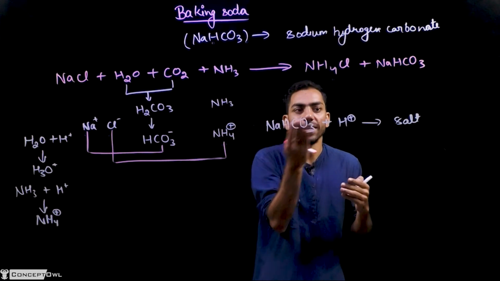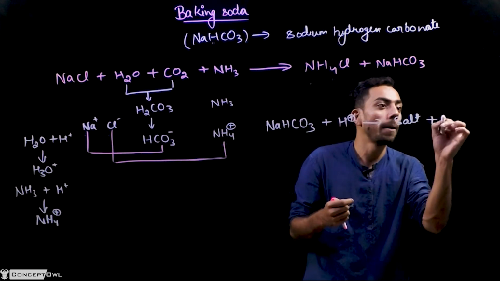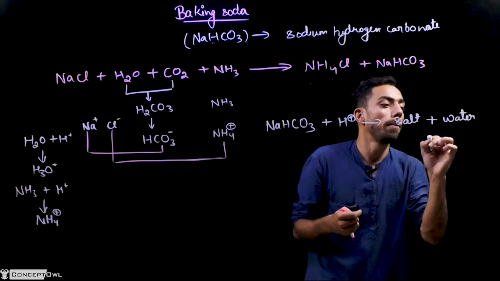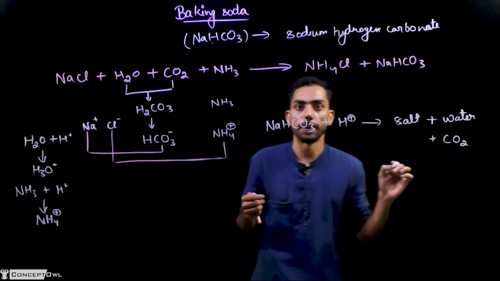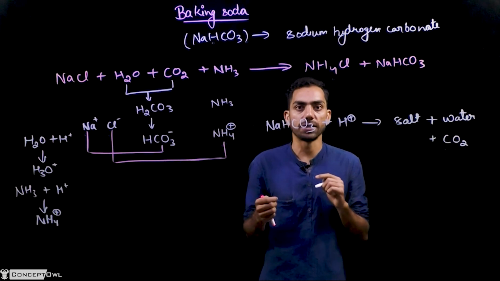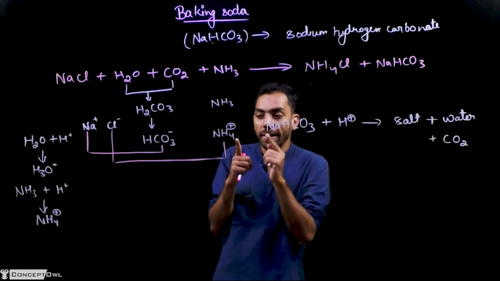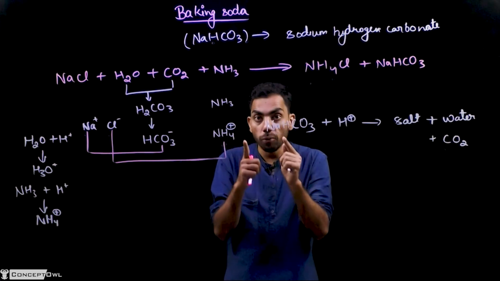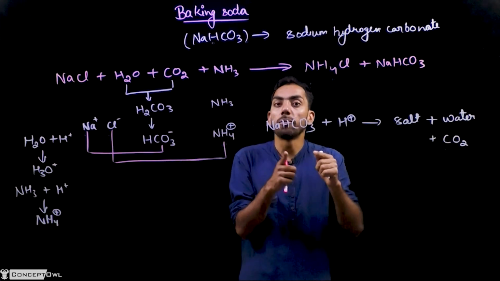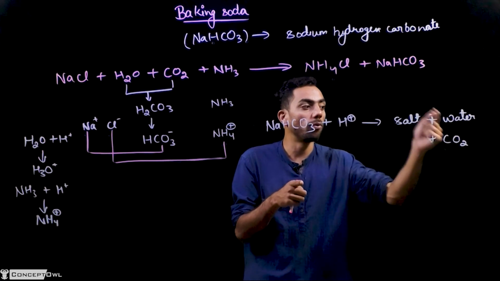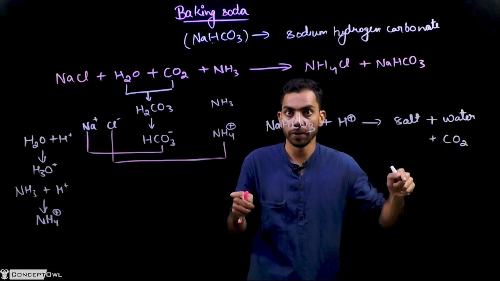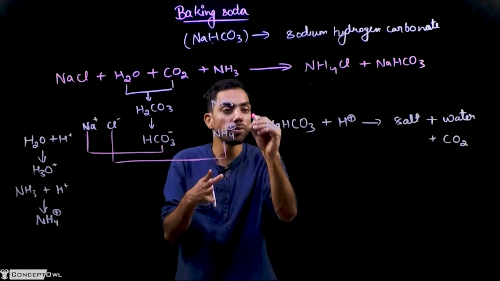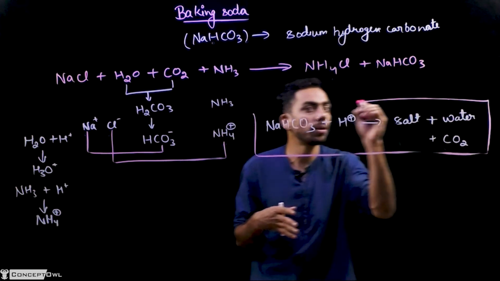So NaHCO3 reacts with acid to form salt, water plus CO2, carbon dioxide. Clear, no? We discussed this reaction earlier also, that when metal carbonates or metal hydrogen carbonates react with acid, they form salt, water and carbon dioxide. So this reaction is responsible for all the uses.